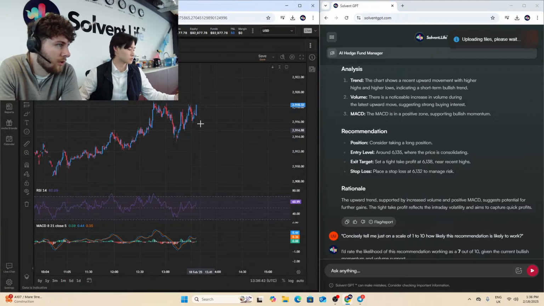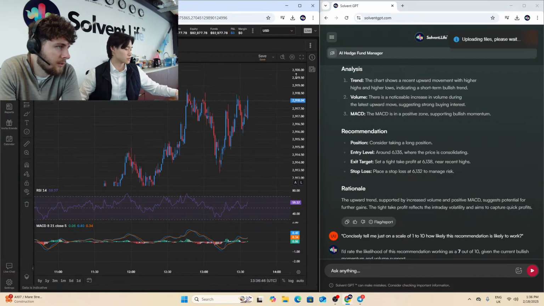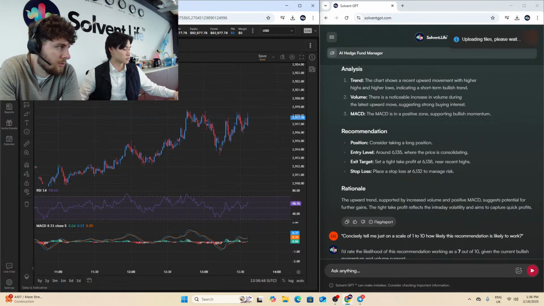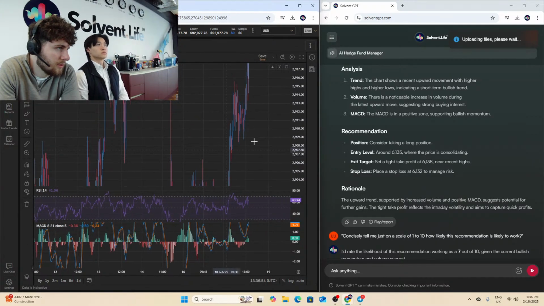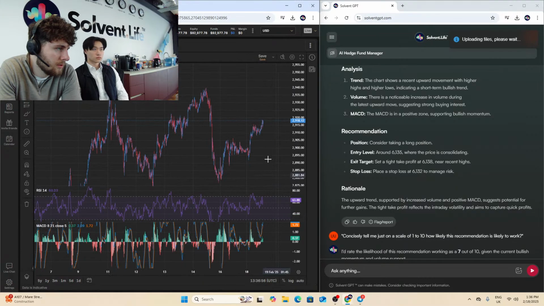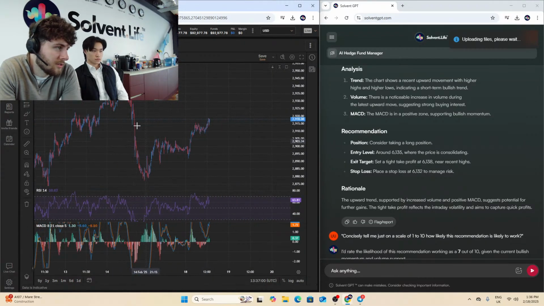Now what we're also looking at is gold. Looks like it's moving up quite high. Go into a 10 minute or 15. I definitely think there's time to short.